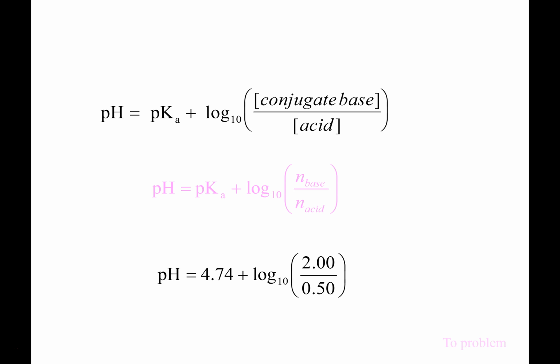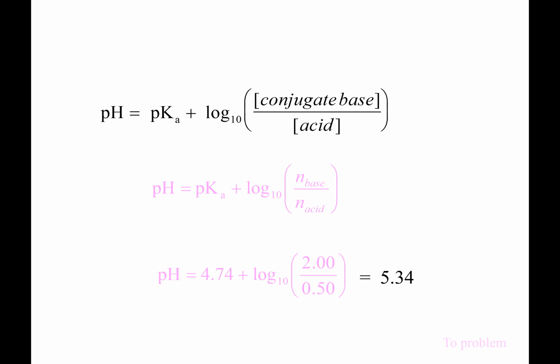So that's the pKa plus log of the ratio of moles of base, which is our acetate, CH3COO minus, to the moles of acetic acid remaining, 0.5. So when you plug that into your calculator, hopefully you'll get 5.34. So that would be the pH at that point in the titration.